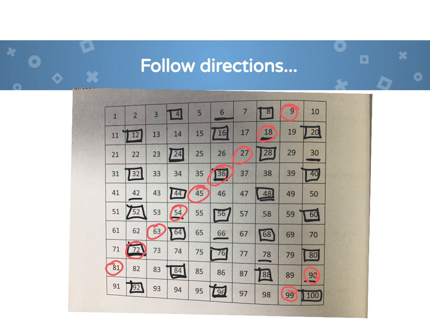Okay, 3 and 6. 3 plus 6 is 9. Oh, interesting. Okay, 90. 9 plus 0 is 9. 36. 3 plus 6 is 9. 72. 7 plus 2 is 9. Oh, but then it goes a little bit different on 99.